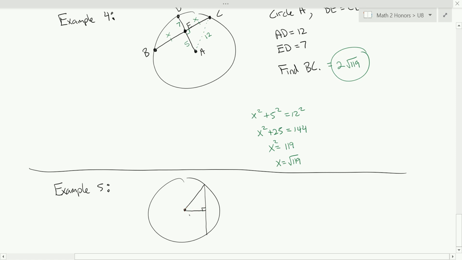This is X minus 1, this length. The hypotenuse is X plus 1. The third side of the triangle is X minus 3. And let's just solve for X.